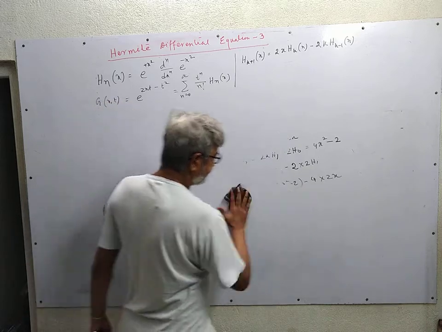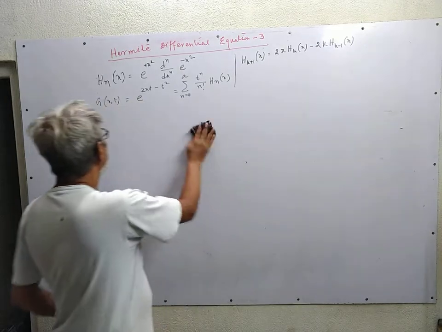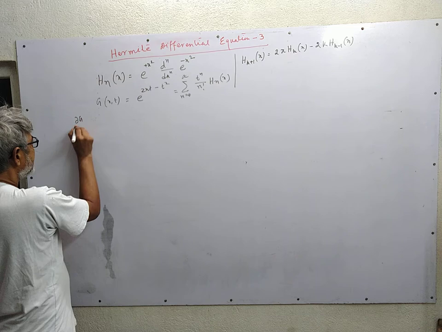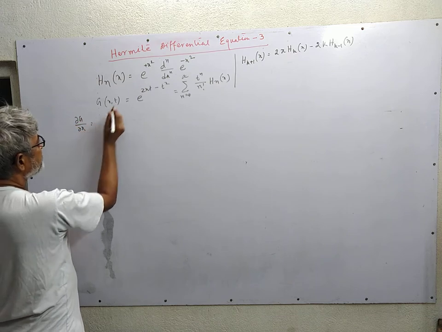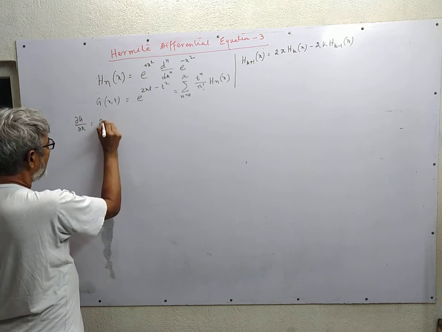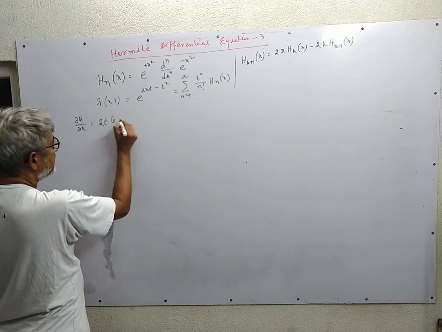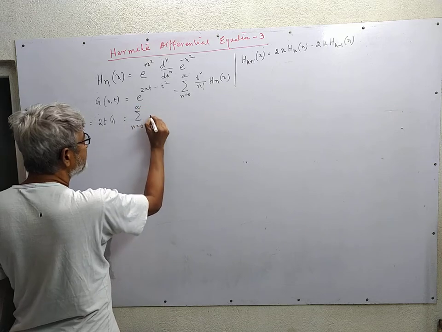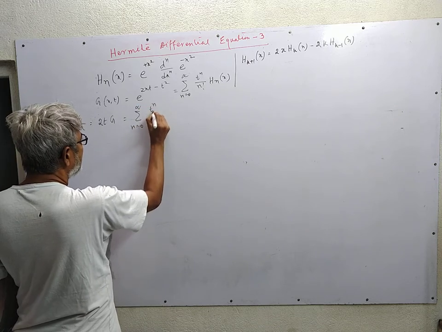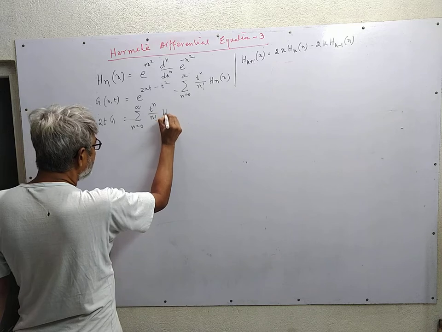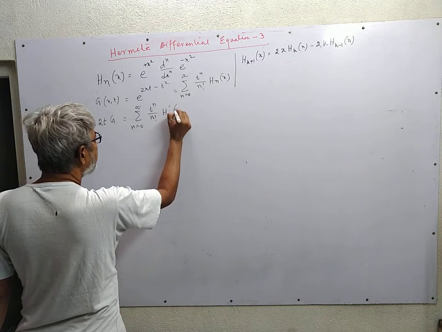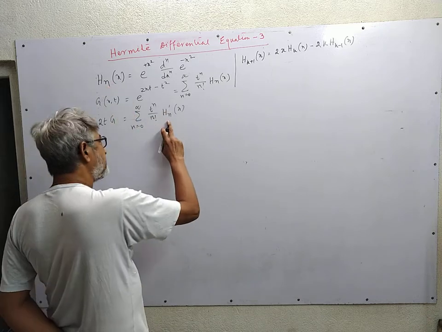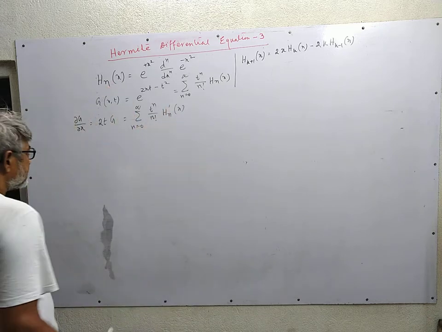So let me first differentiate this with respect to x. So this is del g del x is equal to twice t times g, and on the right hand side we will have summation n is equal to 0 to infinity t to the power n over n factorial Hn prime of x, where Hn prime means the derivative of Hermite polynomial with respect to its argument.